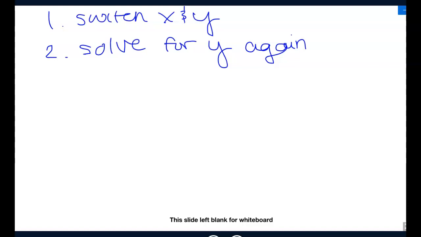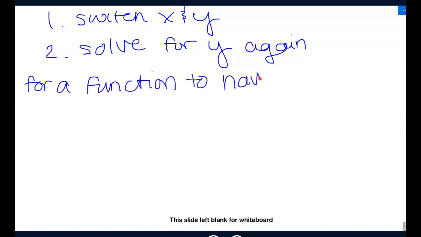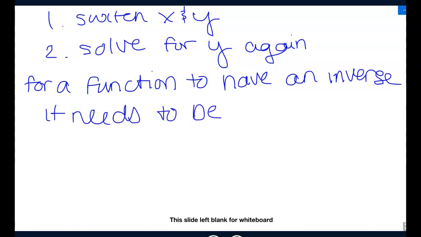Because what do you know about an inverse? In order for it to exist, the function needs to be what? In order for a function to have an inverse, you need what? It needs to be what? Yep, good. It's actually 3 words.